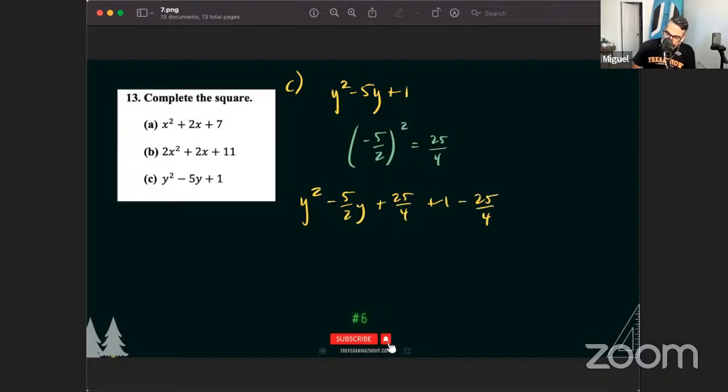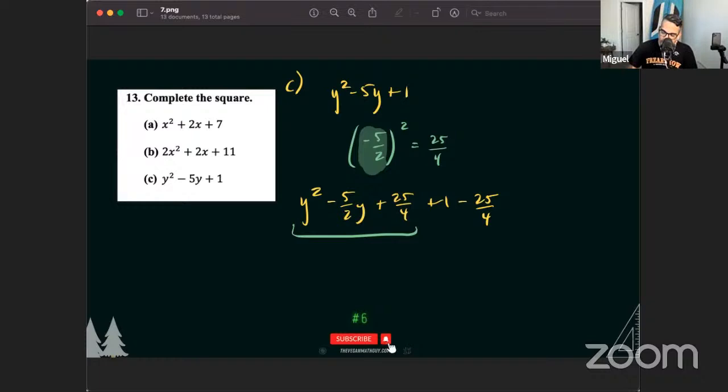Okay, so we're trying to factor this polynomial out. What two numbers multiply to 25/4 and add to -5/2? And as I mentioned, I don't even know how you will find this unless we knew right away. And remember, I mentioned that is the value inside this parentheses. This is the value that I divided by 2 and squared it. So just that value that we divided by 2, -5/2, that's our term. -5/2 times -5/2 is 25/4.